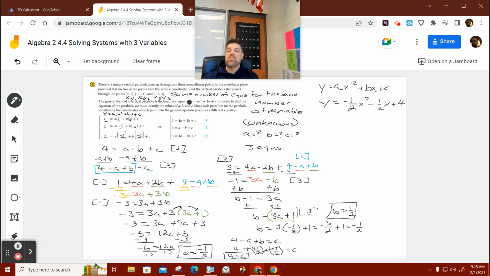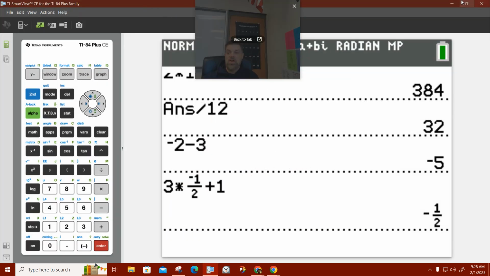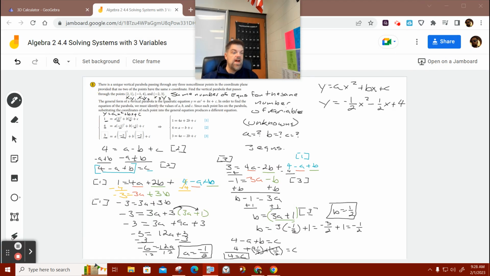So I'm just going to give you another second to write that down. I'm going to open up my calculator and I'm going to move it off the screen. But I'll go ahead and graph this. And then when you get a chance, you guys should probably do the same, graph this. Do you have this written down?